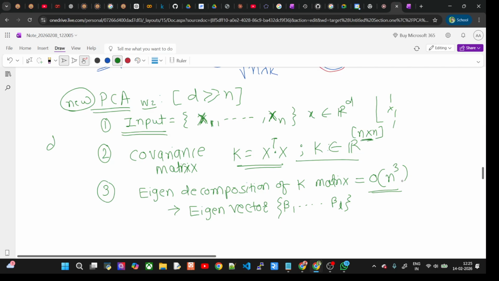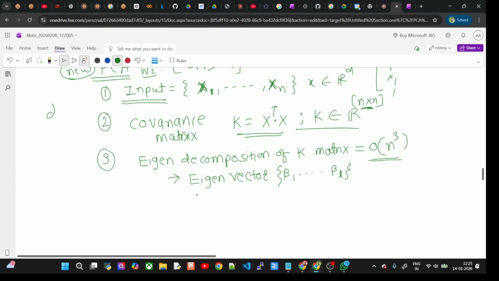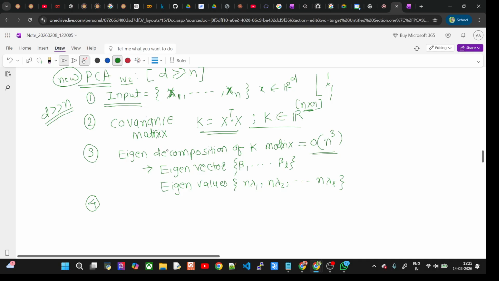That's why it is n cube. And you also get the eigenvalues n lambda 1, n lambda 2, and so on till n lambda l. This is the fourth step. All of this algorithm we are doing is for the d greater than n case only.